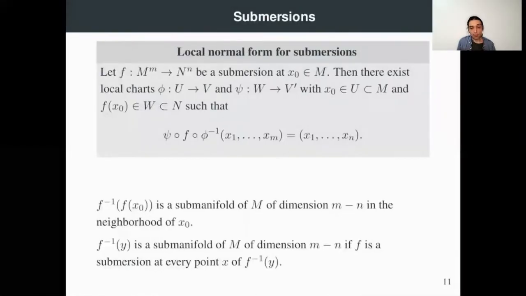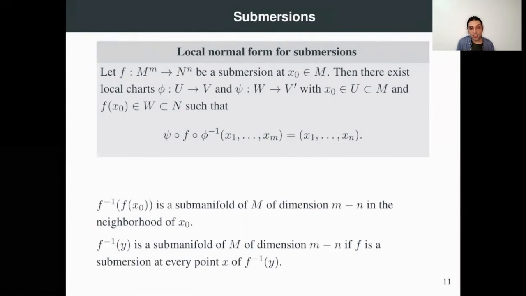Okay, what happens if we consider y, a point in N, and we consider the preimage? Is the preimage going to be a submanifold? Since being a submanifold is a local property, it's going to be a submanifold if it is a submanifold in the neighborhood of every one of its points.